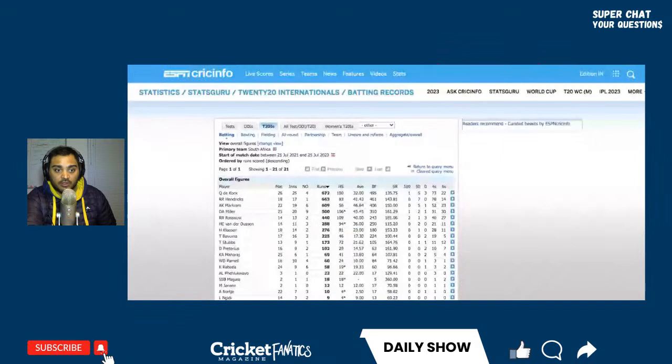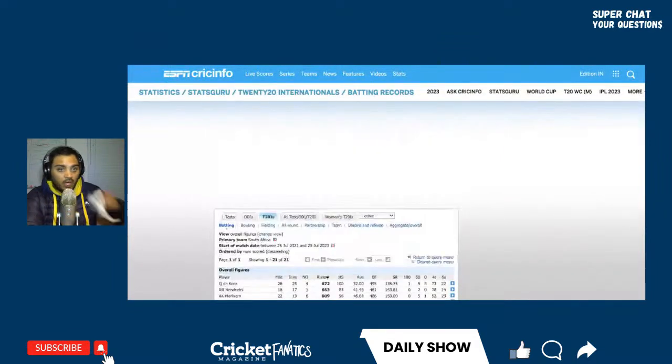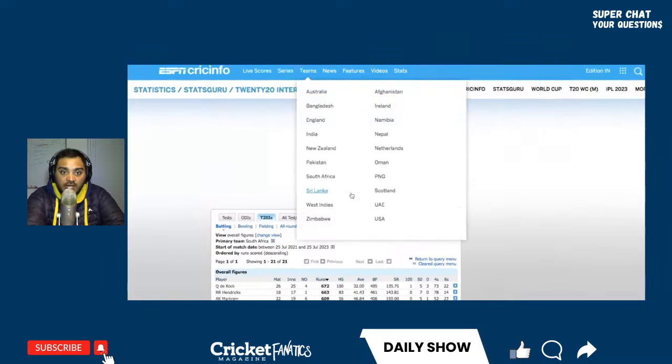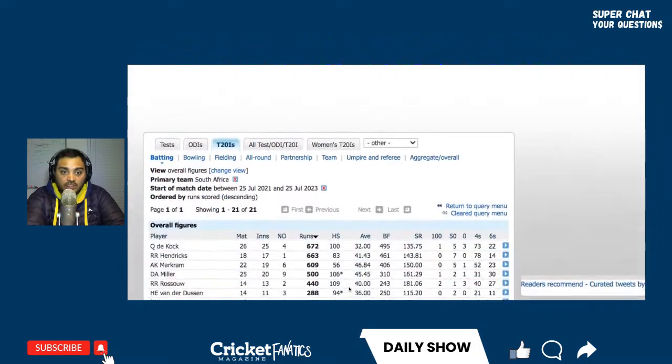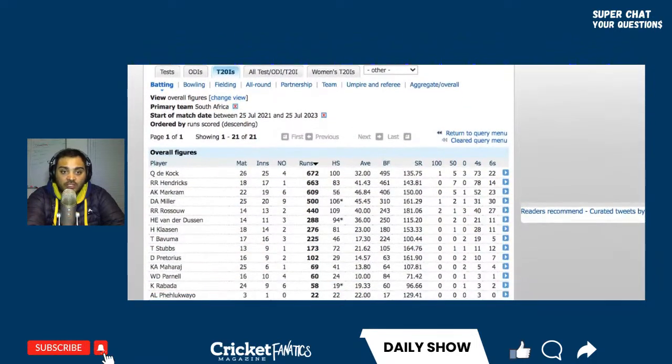And I'm going to give you guys the top performers for the T20 arena and which guys are the ones that are stepping up. Okay, so let's get into this right now. When we look over the last 2 years, who are the top performers in T20 cricket?